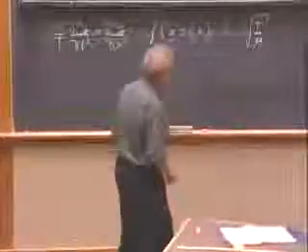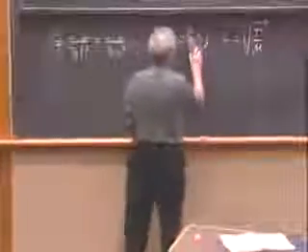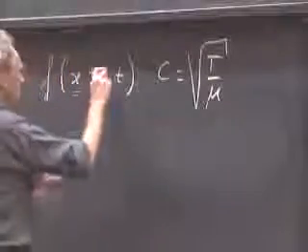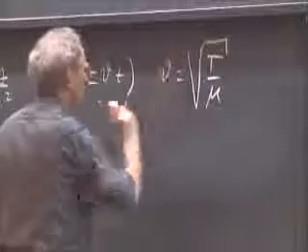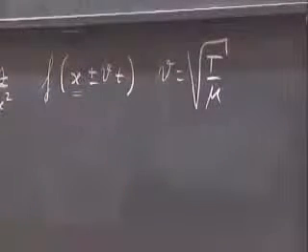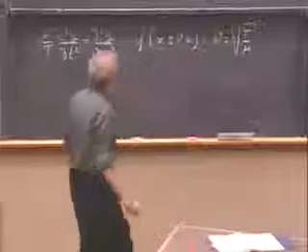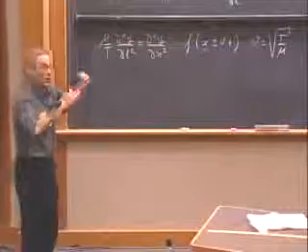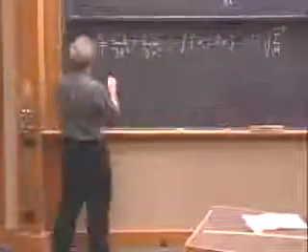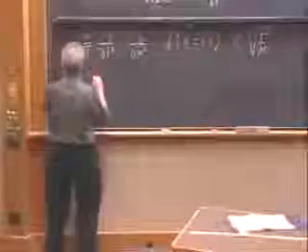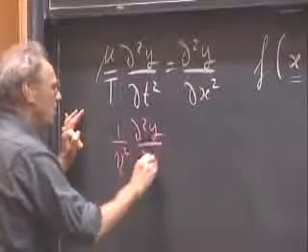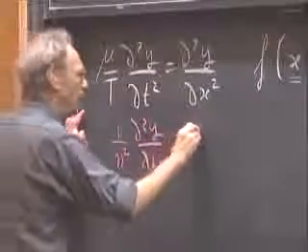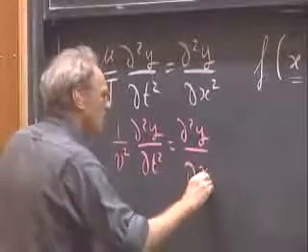So therefore, you might as well write this as plus or minus vt, and you might as well write v for here, a velocity, and we might as well change now this differential equation in a more uniform way, which is what I'm going to do now: 1 over v squared times d2y dt squared equals d2y dx squared.